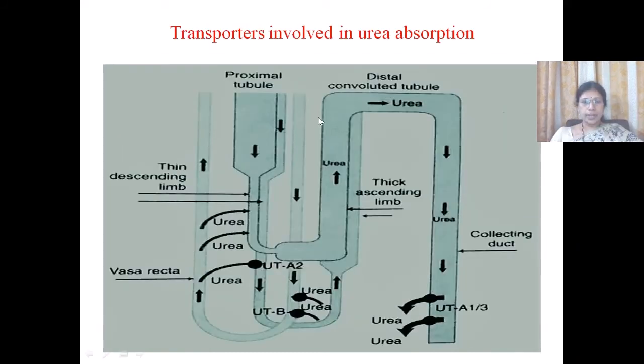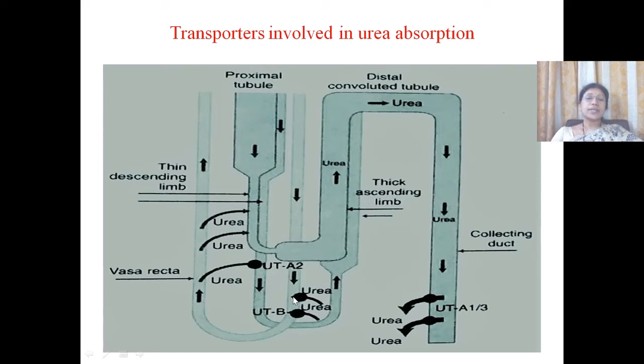Urea is reabsorbed in the inner medullary collecting duct with the help of UTA1 and UTA3 transporters. It is a carrier mediated facilitated diffusion. From the medulla, urea diffuses down its concentration gradient into the vasa recta.